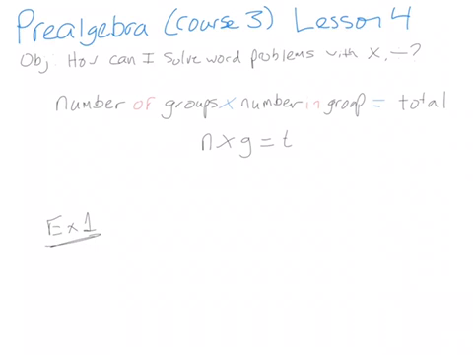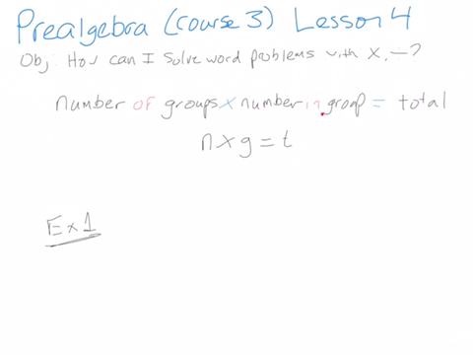So the basic format when we were trying to solve with multiplication or division is something that looks like this, where we have the number of groups. So maybe there's 10 groups of chairs or 10 groups of people. And then the second part is the number in a group.